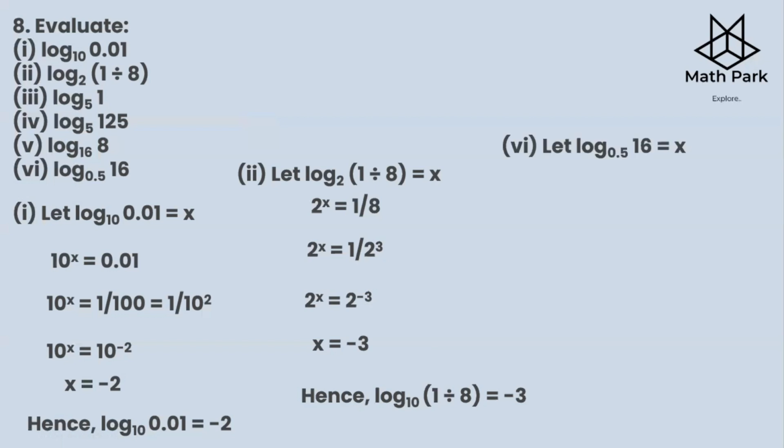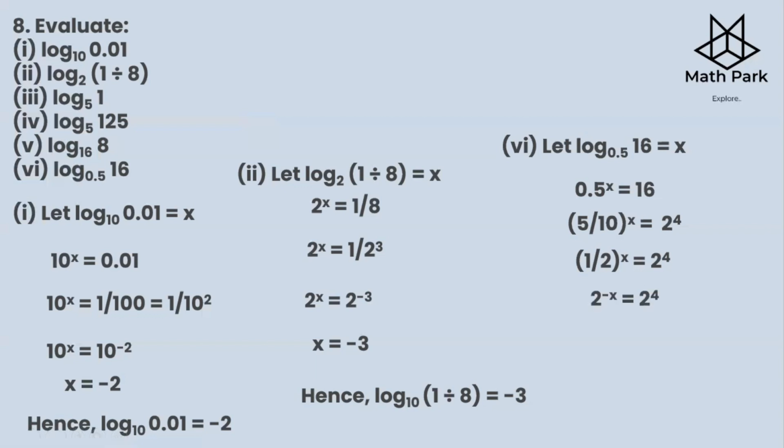So we have, let us take log of 16 to base 0.5 is equal to x. So we get 0.5 to the power x is 16. 0.5 we can write as a fraction, which is 5 by 10. 5 by 10 is 1 by 2, and 16 is the fourth power of 2. So 1 upon 2 to the power x is 2 to the power 4. 1 upon 2 to the power x is 2 to the power minus x.